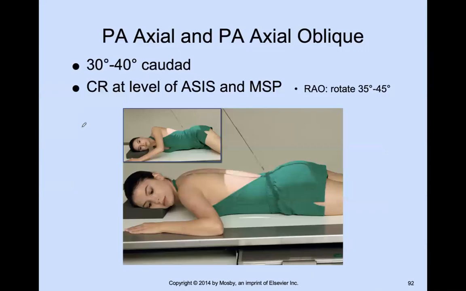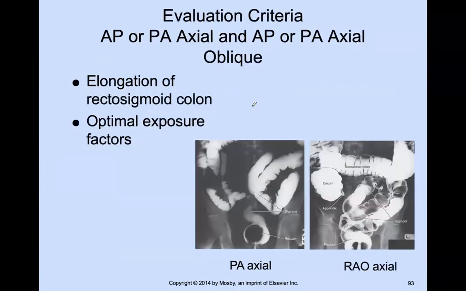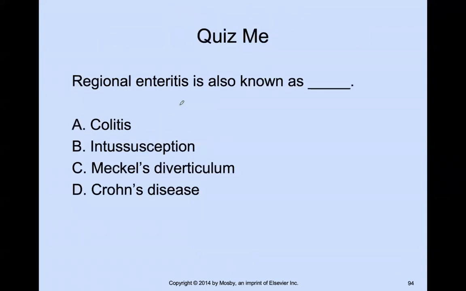For the PA, we're going to angle 30 to 40 degrees caudal. And so here we have it. It's going to elongate the sigmoid colon, so it's going to stretch it out, whereas normally it would just kind of look like that. So for elongation of the recto-sigmoid colon, the AP and PA axial.